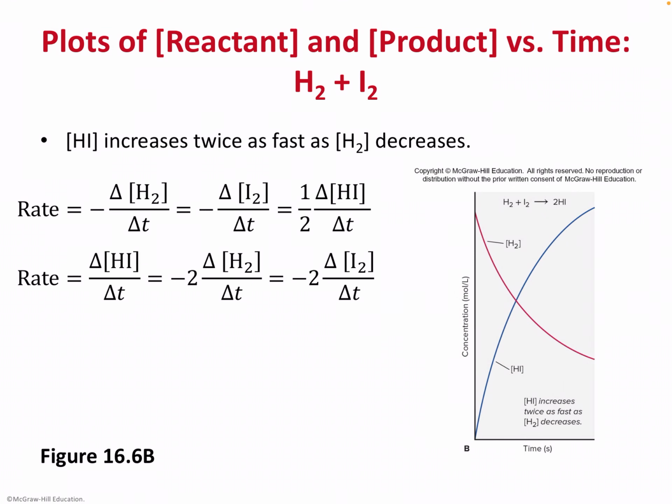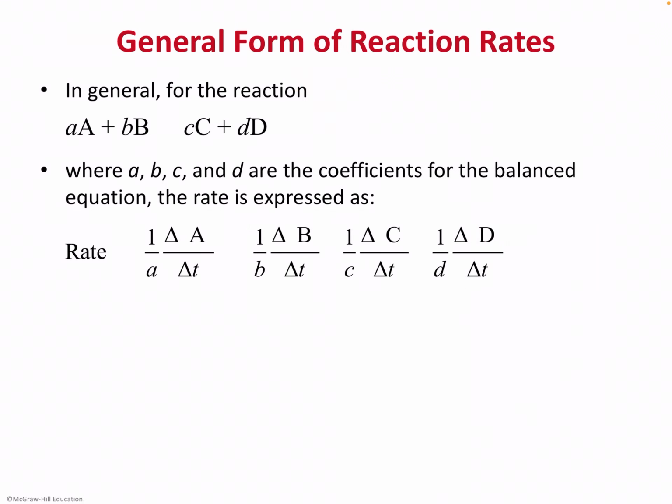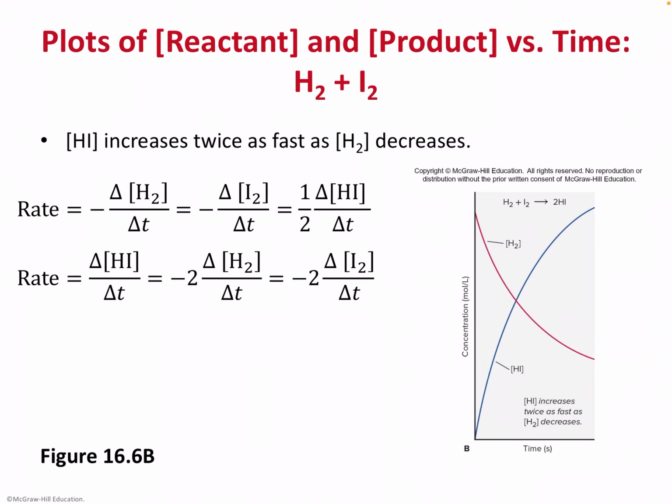Now here's another example. H2 plus I2 giving us 2HI. Here again the hydrogen and iodine concentrations are decreasing.